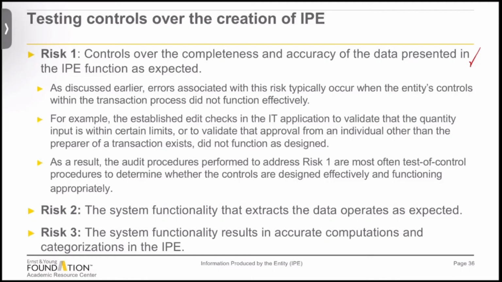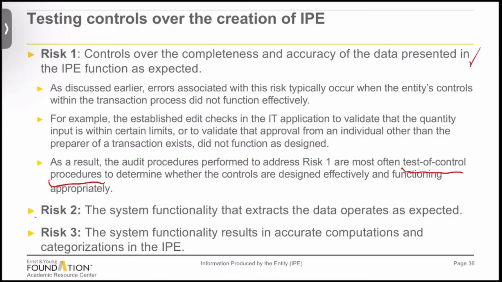So for example, the established edit checks in the IT application to validate that the quantity input is within certain limits or to validate that approval from an individual other than the preparer of a transaction exists did not function as designed. So as a result, the audit procedures performed to address risk 1 are most often test of control procedures to determine whether the controls are designed effectively and are functioning appropriately.